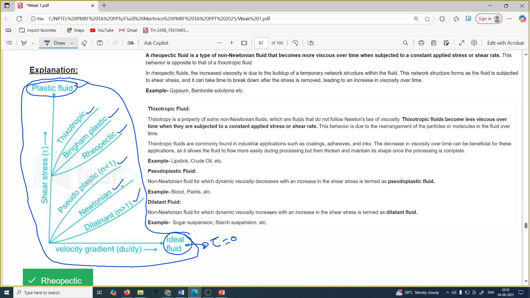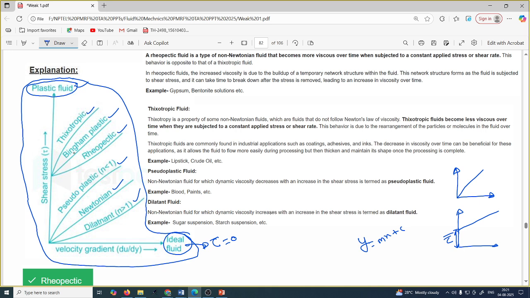For Bingham plastic, you know already, it is y equals mx plus c. So remember, Bingham plastic has some c value, meaning it will start from some c. For Newtonian fluid, you remember these three graphs. Similarly for dilatant and pseudoplastic, remember these two.